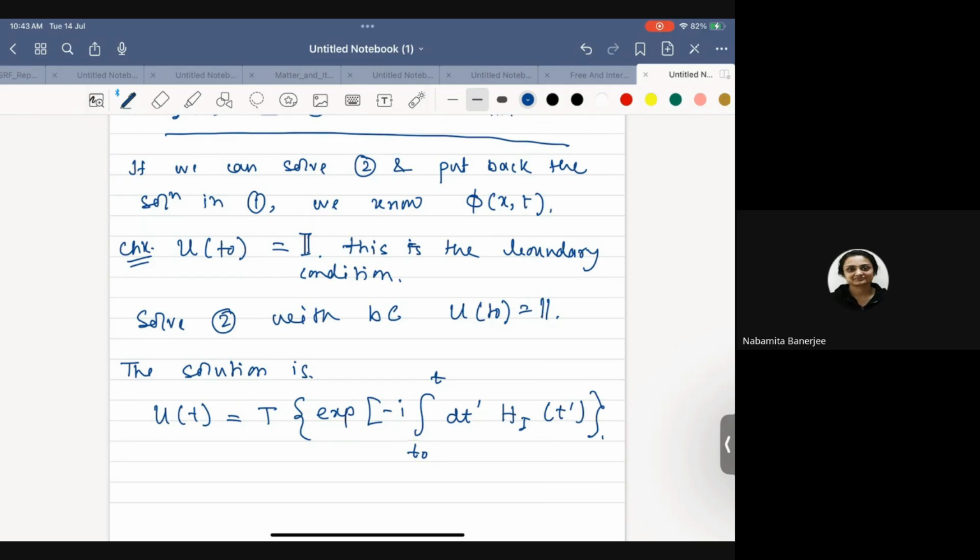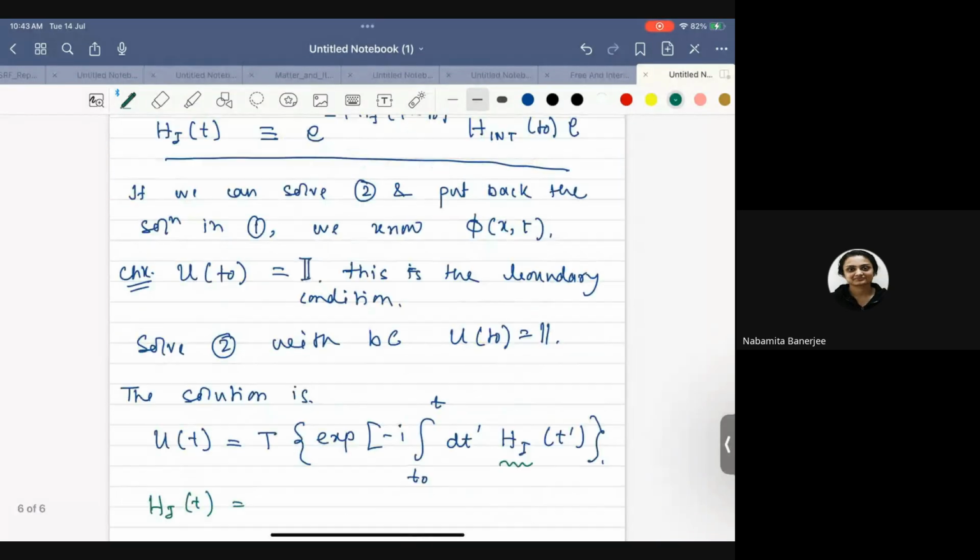So this is what the solution comes out to be. It's a time-ordered product of this exponential operator that only depends on H_I(t). And what is H_I(t)? Let me remind you. H_I(t) is this quantity, which I have defined right here.